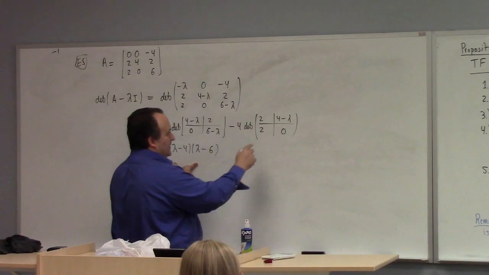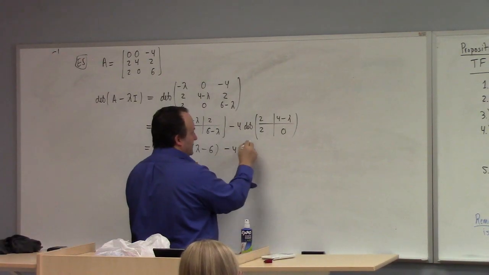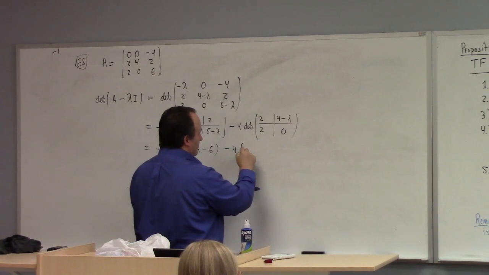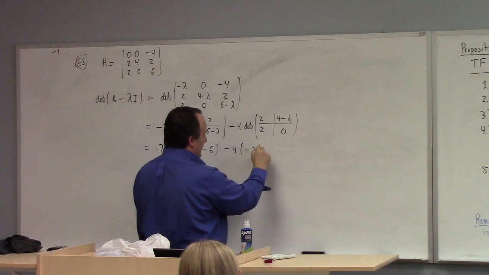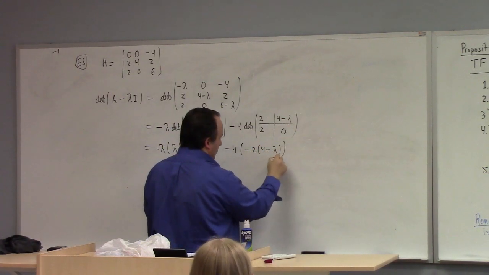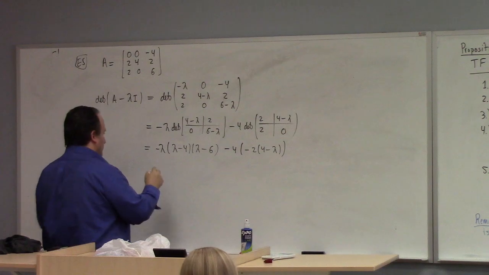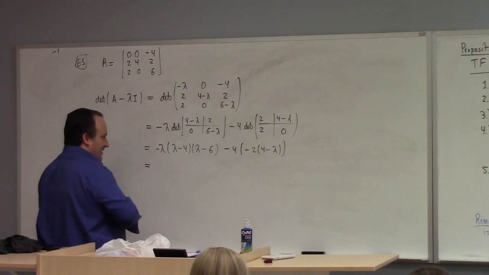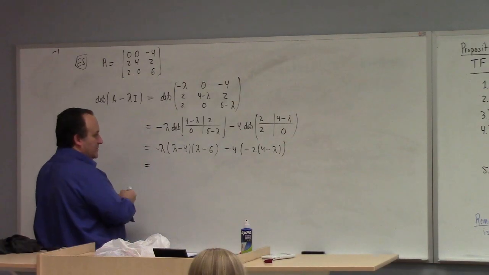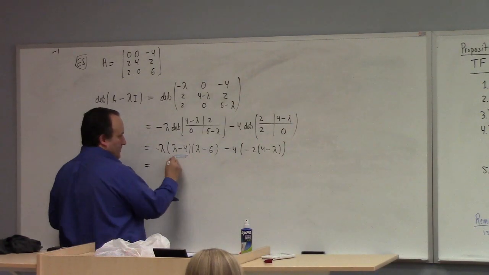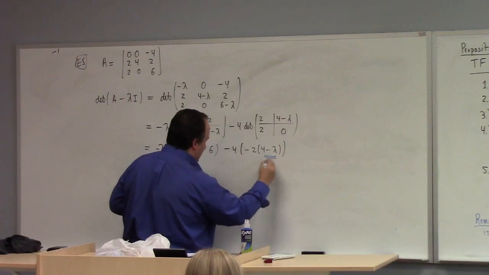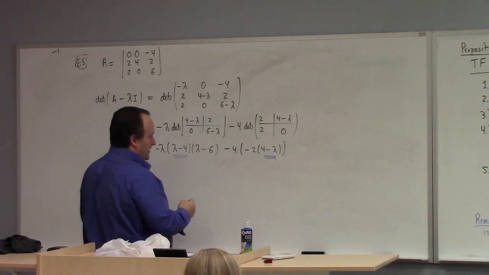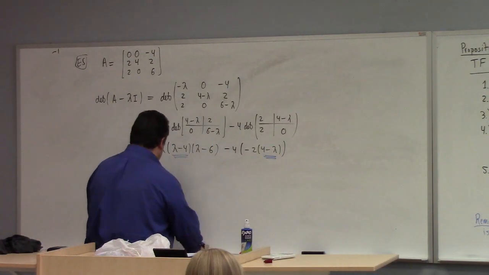So that's that. And then over here, I have minus 4 times, well, let's say minus 2 times 4 minus lambda. All right, so, yes.